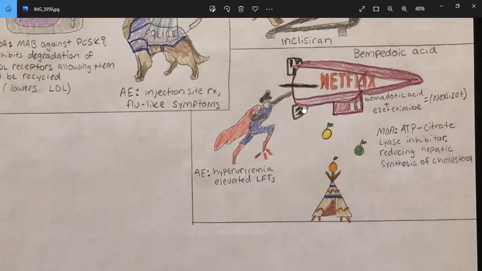And then, of course, this blimp looks like a liver, so reducing hepatic synthesis of cholesterol. There's nothing in this picture to demonstrate cholesterol, but hopefully you get it. And then hyperuricemia. So again, Superman's foot here, his big toe hurts. And then elevated LFTs. He's sort of lifting the blimp in the air, I guess.